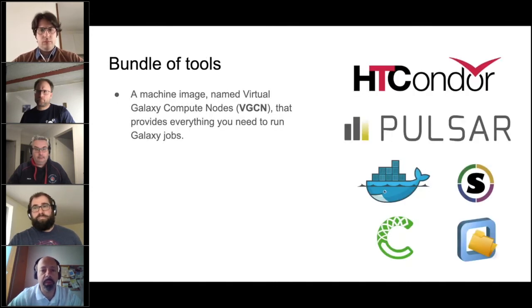Next slide. The first element of this set of tools is a machine image that we call the Virtual Galaxy Compute Nodes, which has all the software needed to run Galaxy jobs. So we have the scheduling system, Pulsar obviously, Docker, Singularity, Conda, and the CVMFS file system. Next.